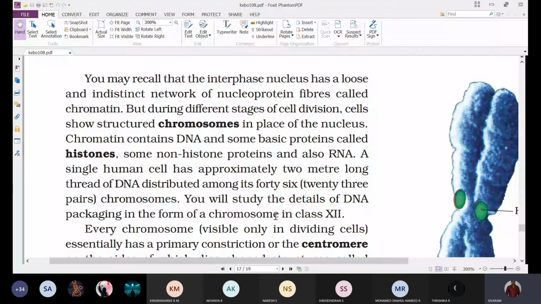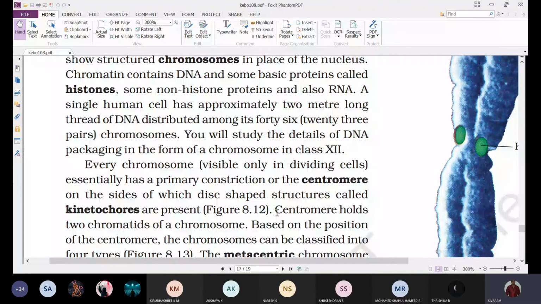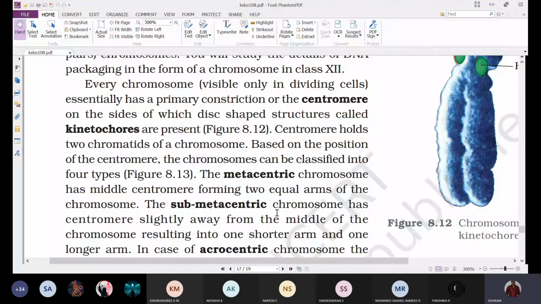And next, at the time of cell division, the chromatin material is condensed to form chromosomes. Every chromosome is visible only in a dividing cell. That means the chromosomes are observed only at the time of cell division. During interphase, usually we don't find chromosomes.